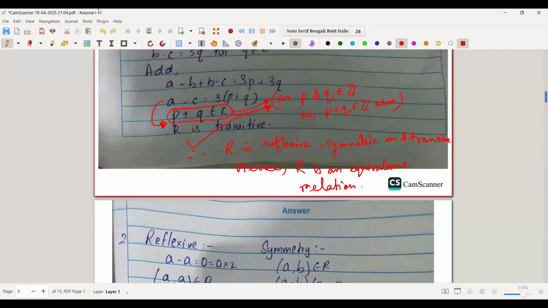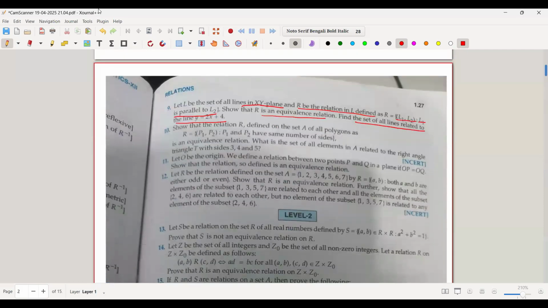Next, question number 10. Show that the relation R defined on the set A of all polygons, as (P1, P2) such that P1 and P2 have the same number of sides, is an equivalence relation.